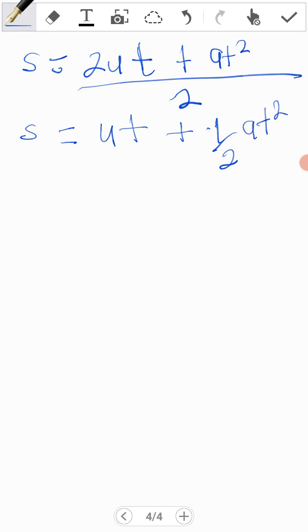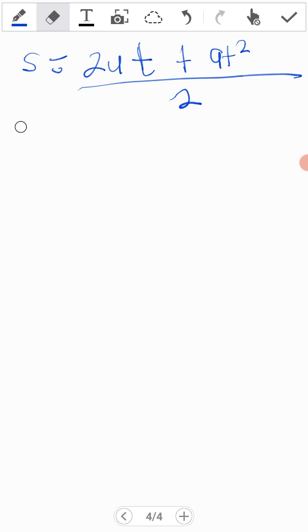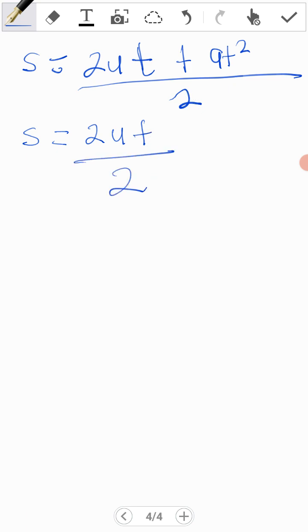I hope you understand how we got this. Let me take you back so you understand it really well. So let me clean this. Here we are saying that S is equal to 2ut all over 2, plus at squared all over 2.